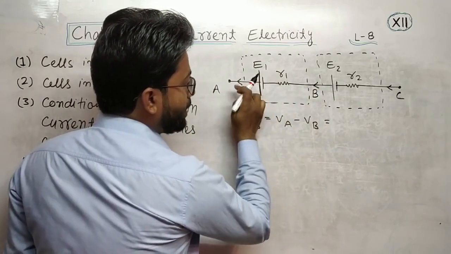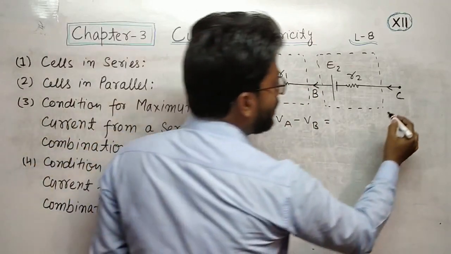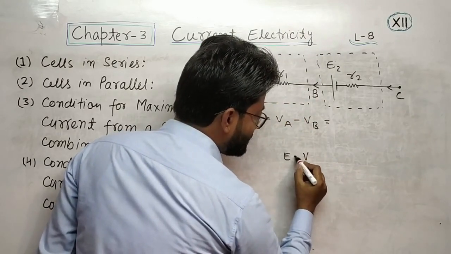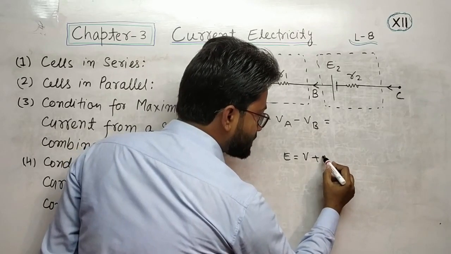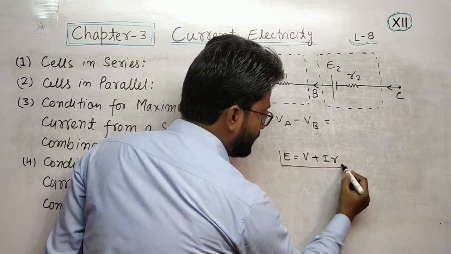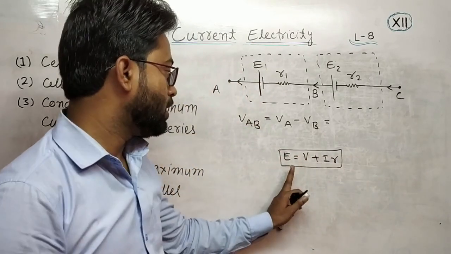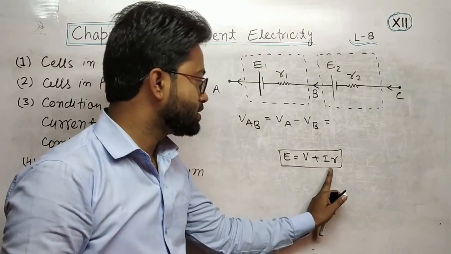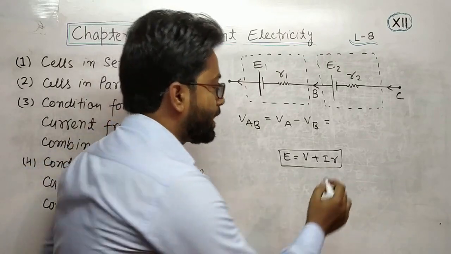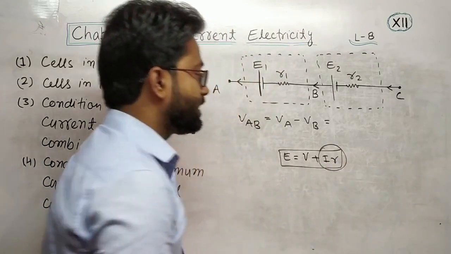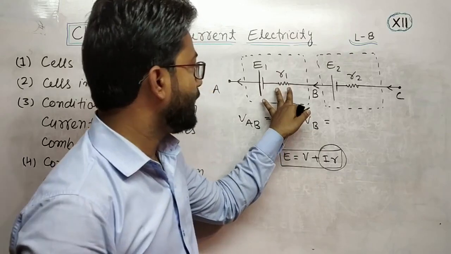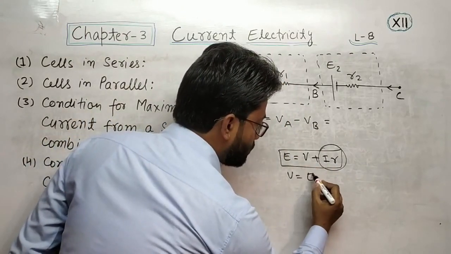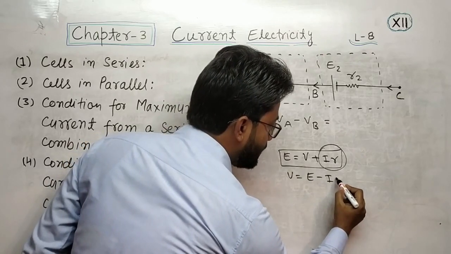We all know that E is equal to V plus IR, meaning the EMF of the battery is equal to the terminal potential difference plus I times R. In other words, the potential difference is V equals E minus IR.